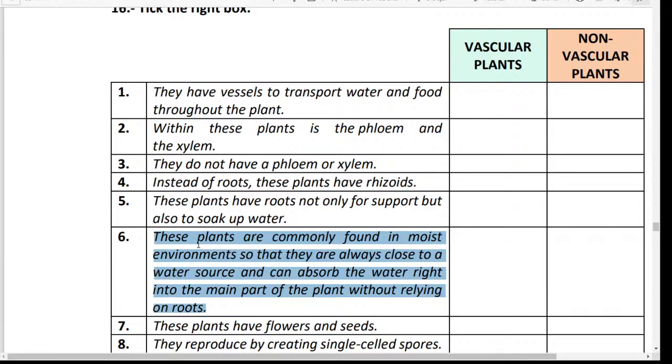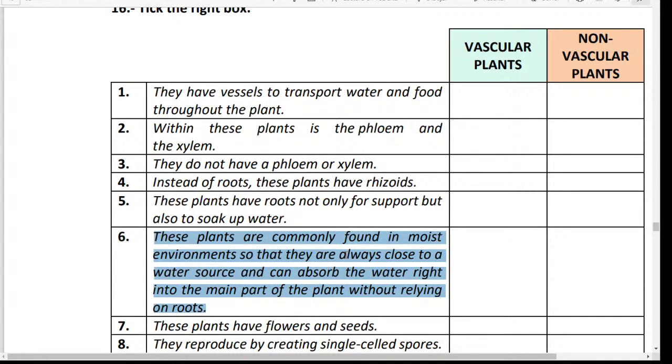These plants are commonly found in moist, remember, the English for our Spanish húmedo, environments so that they are always close to a water source and can absorb the water right into the main part of the plant without relying on roots. Attention!